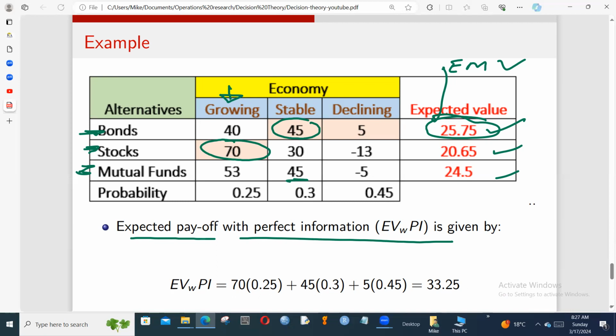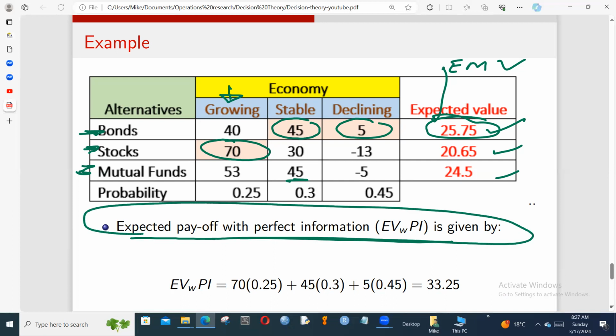When the state is declining, you'll go for the one giving you the highest during that season. So how do I calculate the total expected payoff with perfect information for the three states, which I'm calling EVwPI?